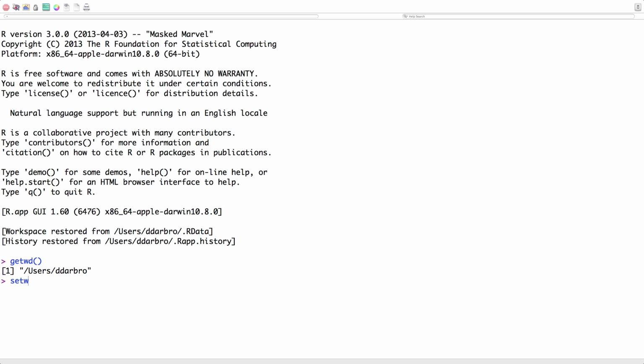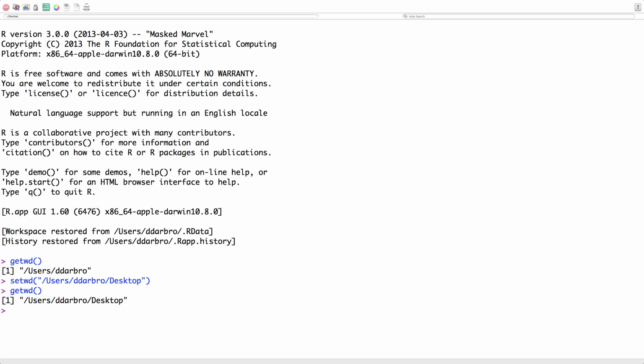We need to set our working directory to users, ddarbro, desktop. Guys, I'm kind of anal about this. I always like to go back and make sure that's my working directory.